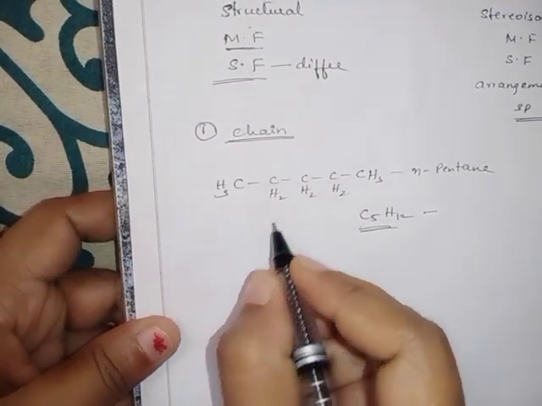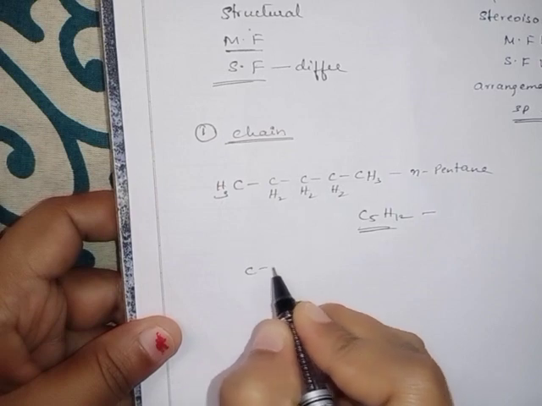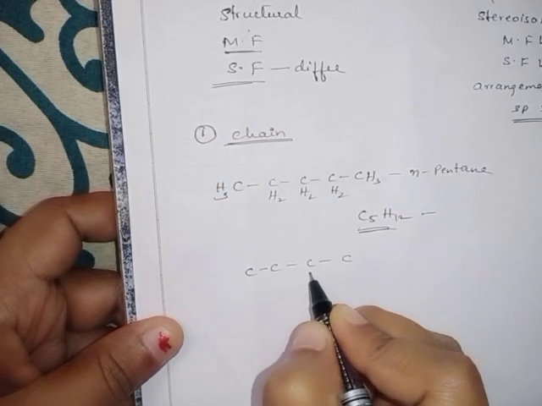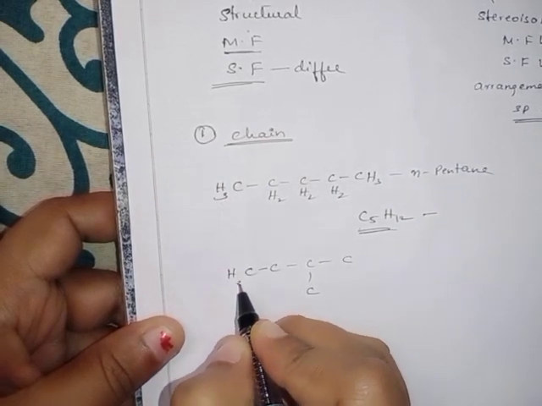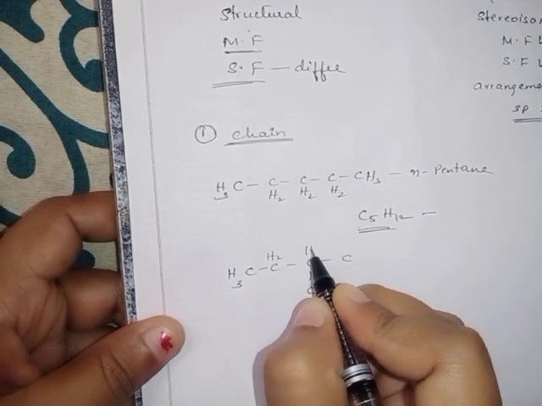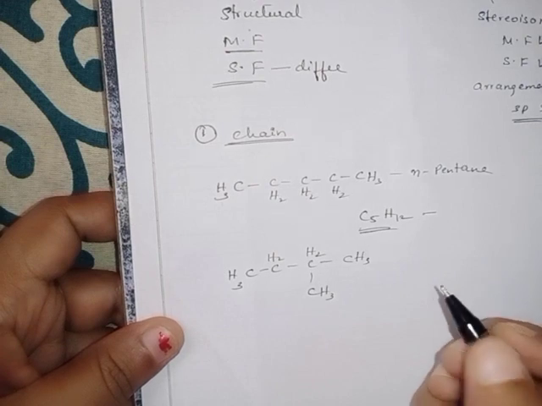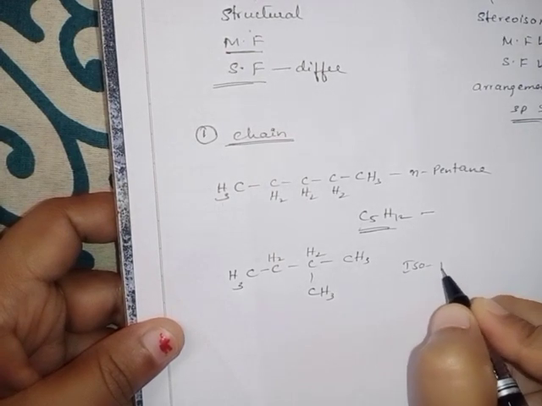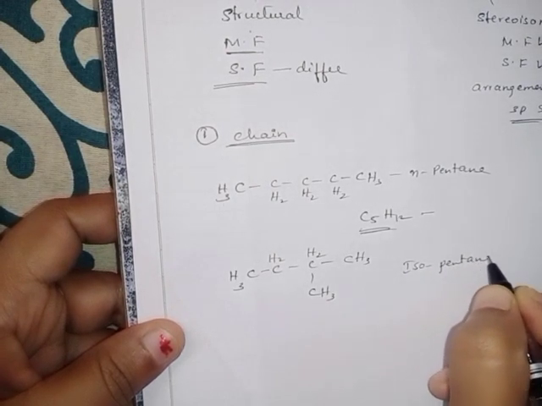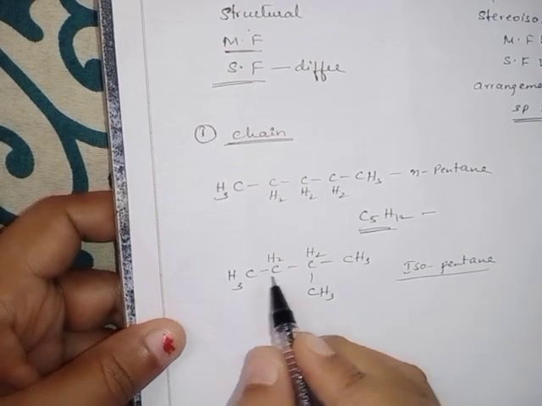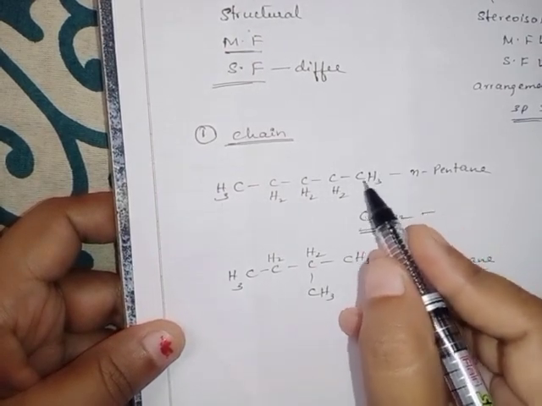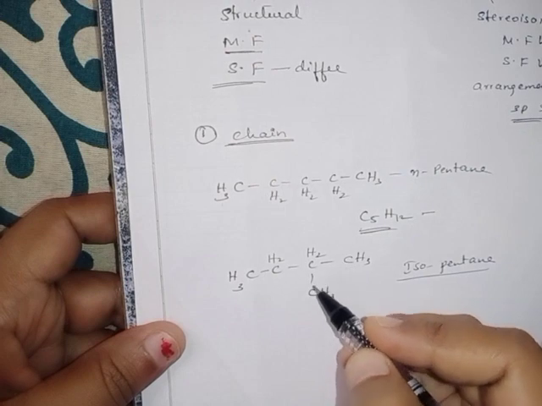Take one more example. I will remove one carbon and put it here: CH3, CH, CH2, CH3, CH3. This we call isopentane. You should be familiar with this structure. You remove one carbon from the pentane and put it on the second carbon atom.